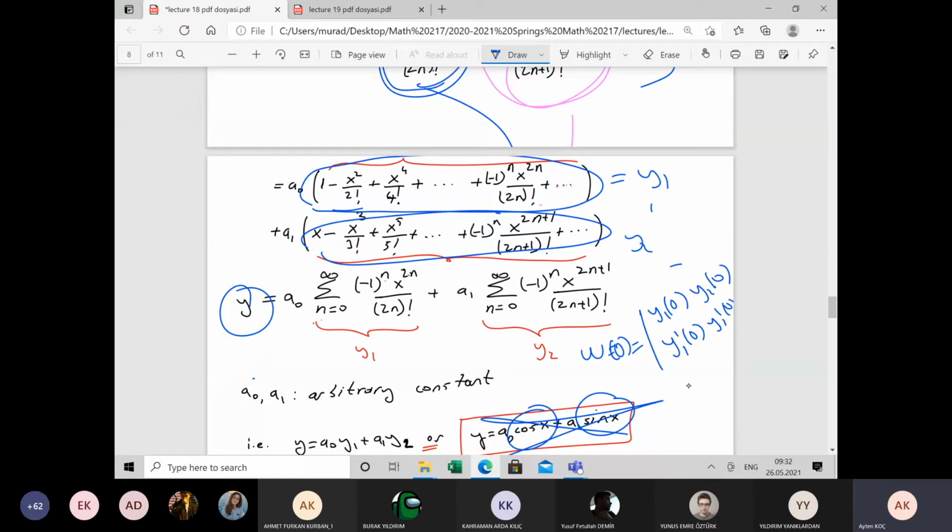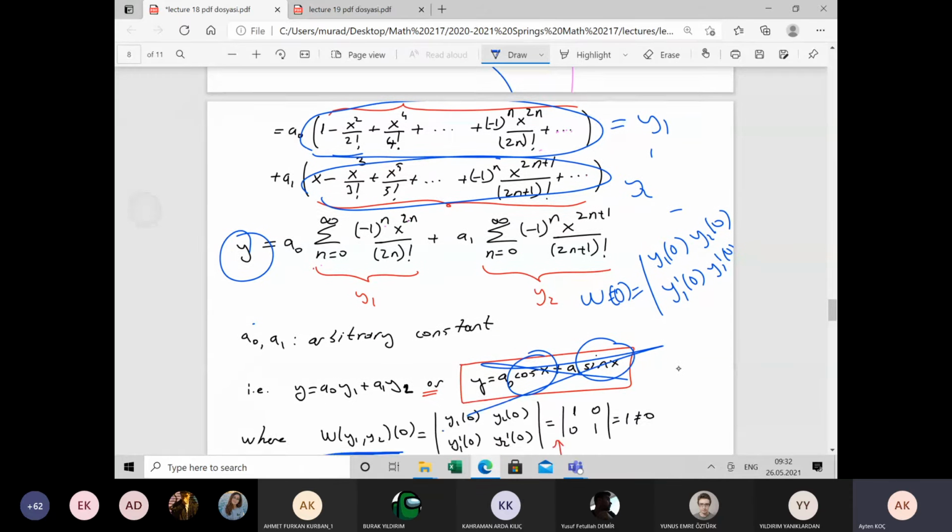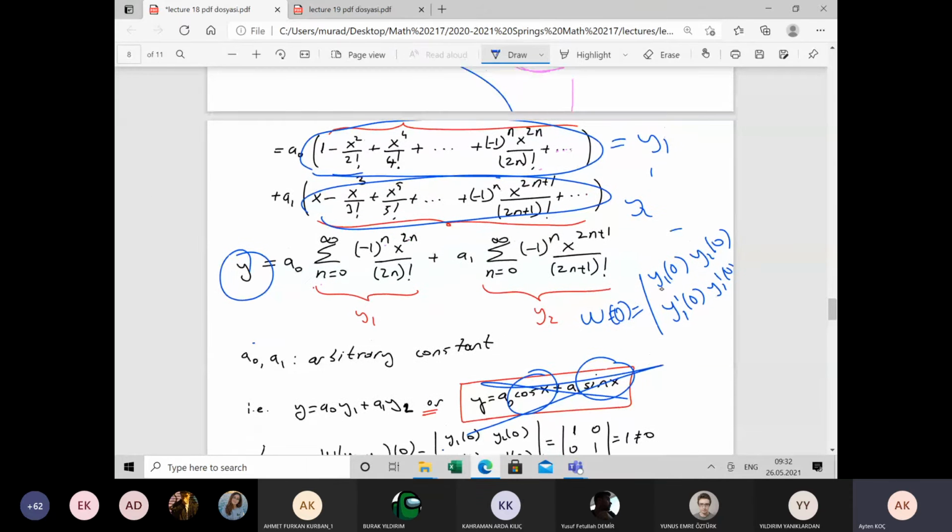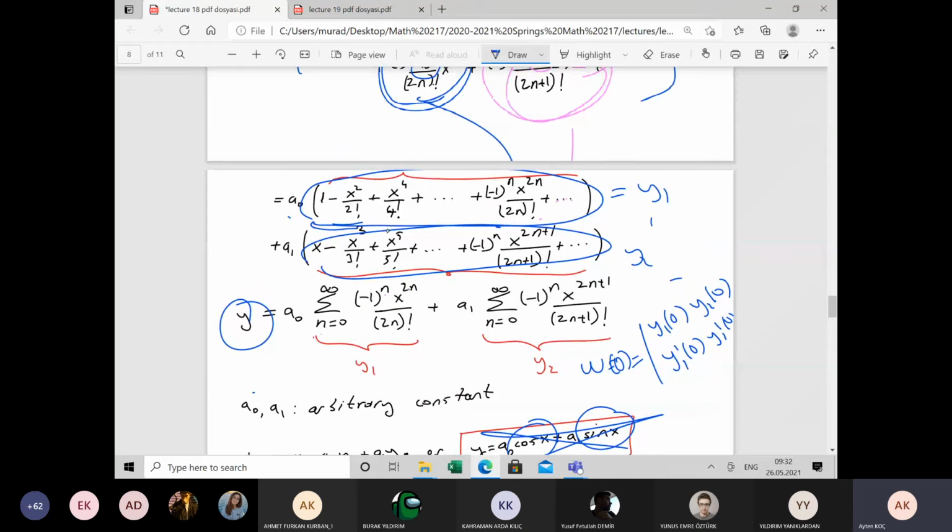It should be non-zero. Y sub 1 at 0: substitute 0 and we obtain 1. Y sub 2 at 0: substituting 0 we obtain 0. Then compute the derivative of the second line.